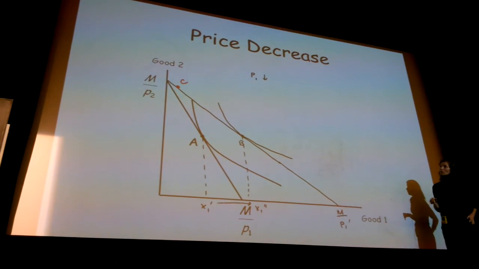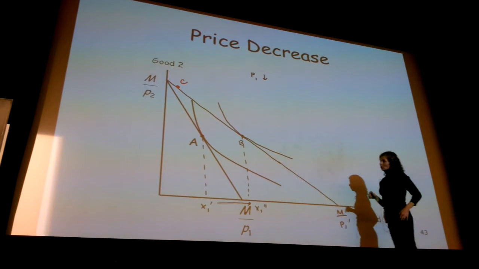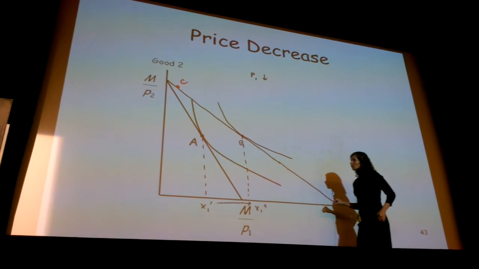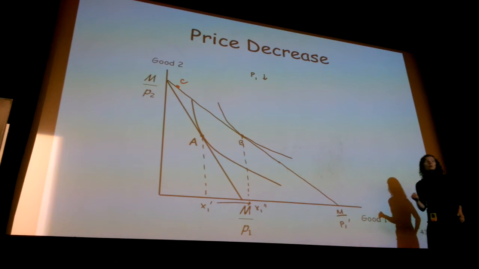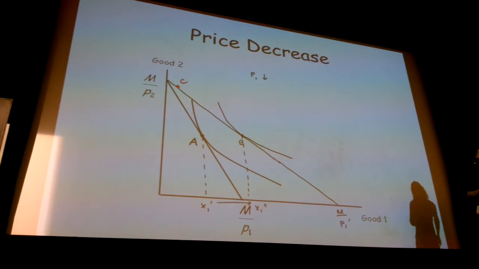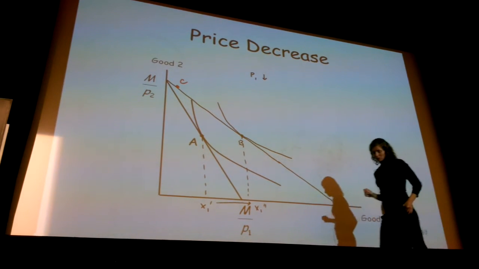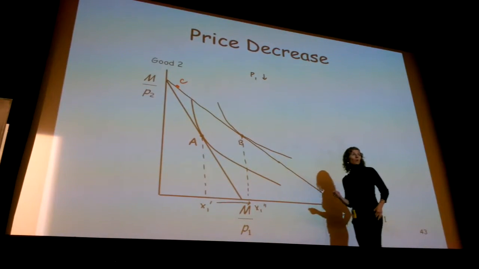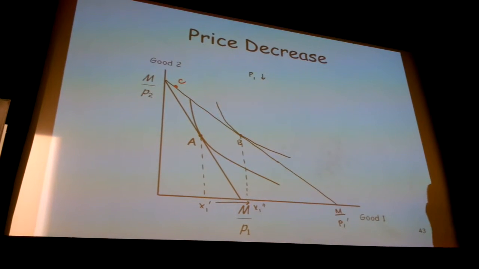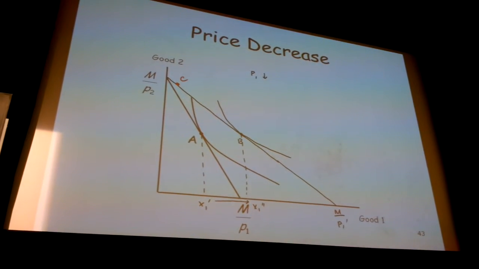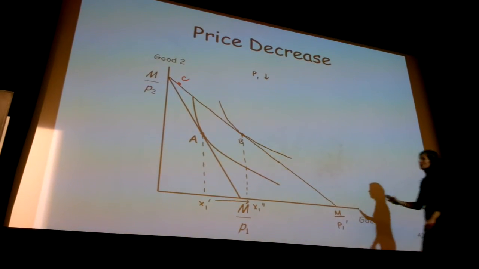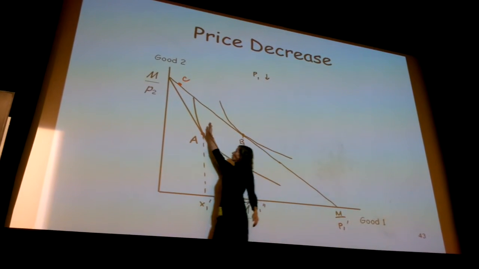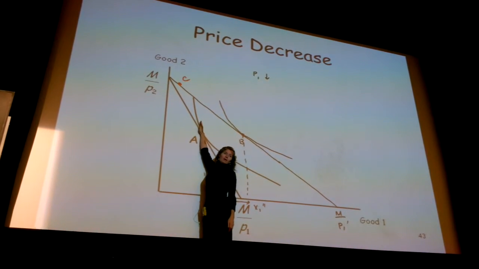So actually, now going back to this picture a little bit, thinking about this more carefully, we can put a tiny bit of structure on this problem. Generally, the law of demand tells us that when the price of a good falls, we tend to consume more of it. So it's likely going to be the case that wherever this tangency occurs, it's somewhere to the right of point A. Because if it's to the left of point A, it's going to imply that as the price went down, my consumption went down.